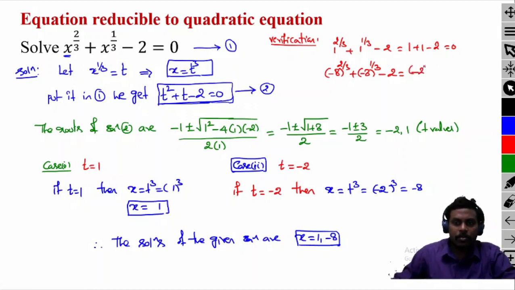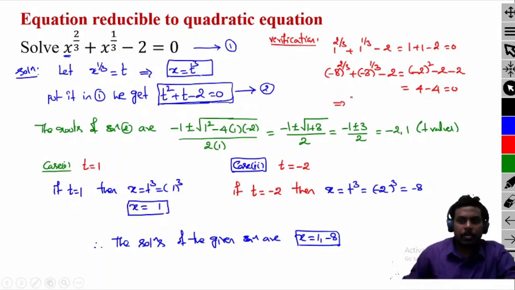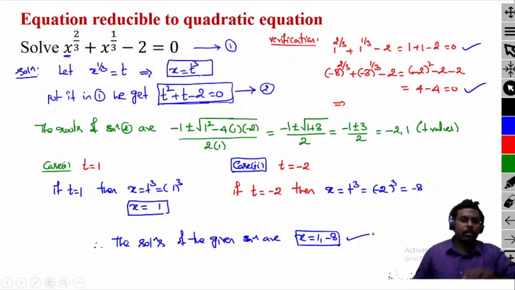This is -2 whole square minus 2 minus 2, that is 4 minus 4 is equal to 0. So -8 is a root. So the values that we have got are correct. These are our solutions.